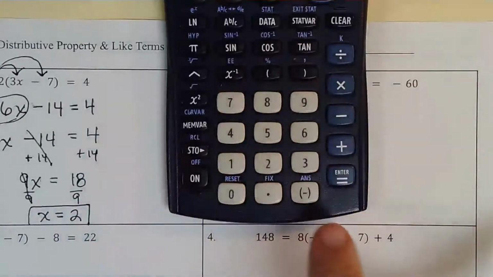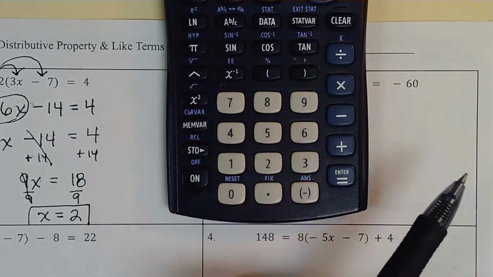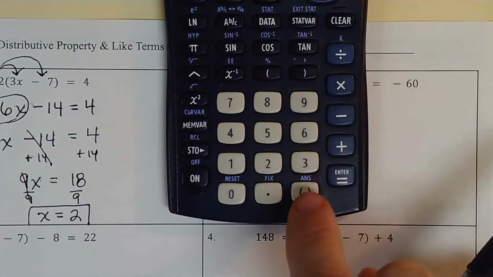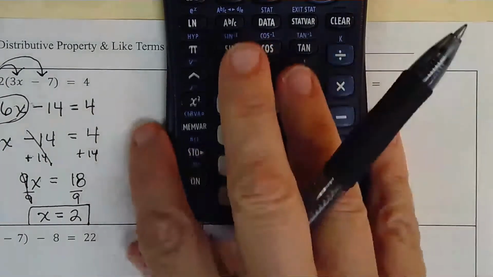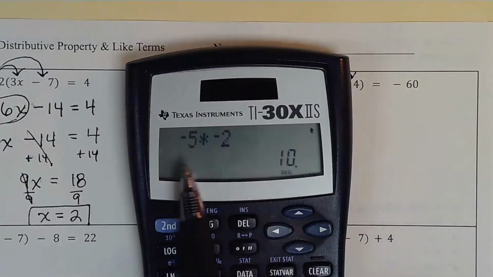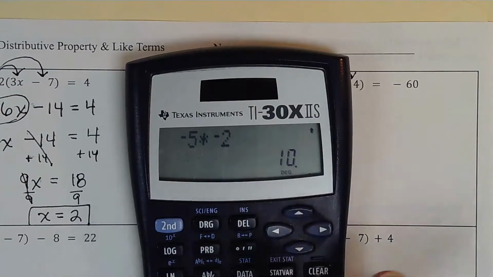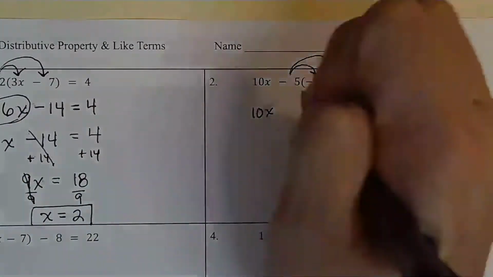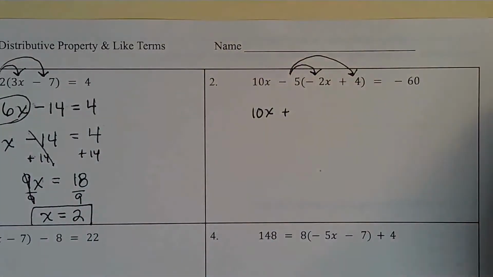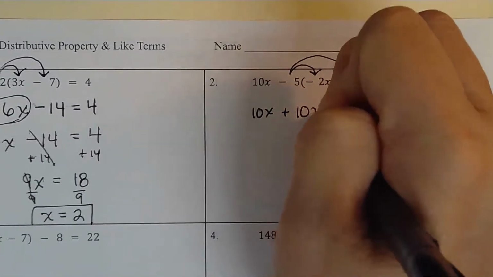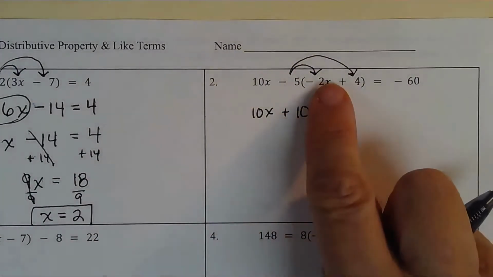And this is how you would do that. Negative 5 times negative 2. You can see my screen here, -5 times -2. It's a positive 10. Two negatives make a positive. So a positive, you need that positive sign, 10x. Remember that x was there?